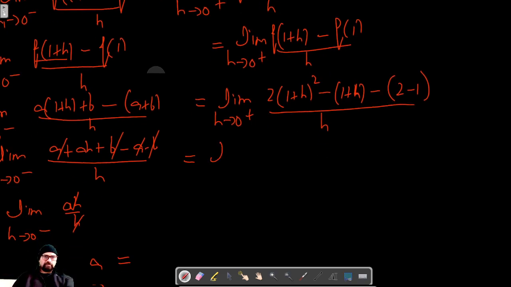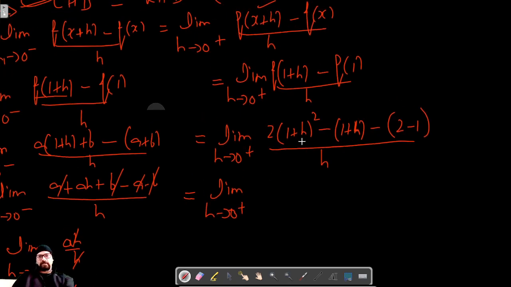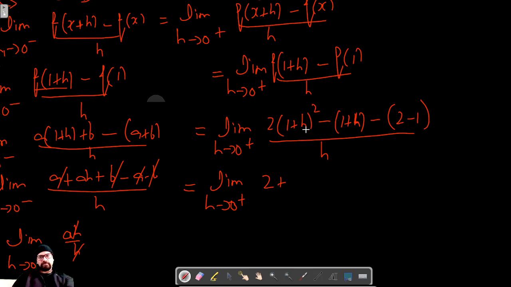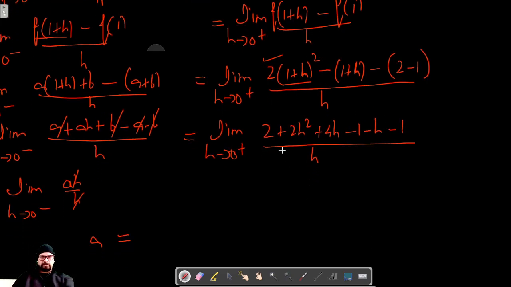Okay, so let's open up the bracket. So this is 2 plus h square. So this is 2h square. I'm opening up the bracket and at the same time multiplying it with 2. So this is 2h squared plus 4h minus 1 minus h minus 1 upon h.